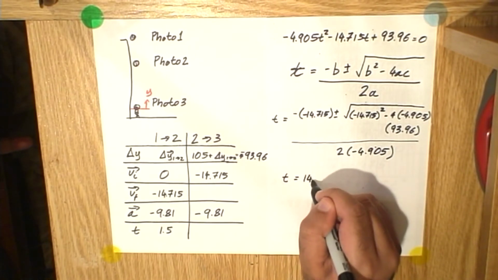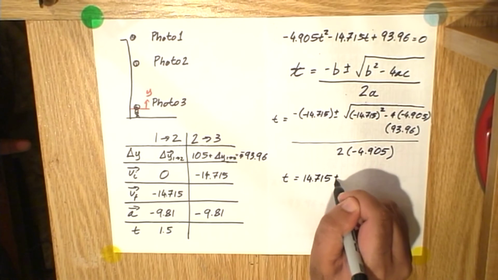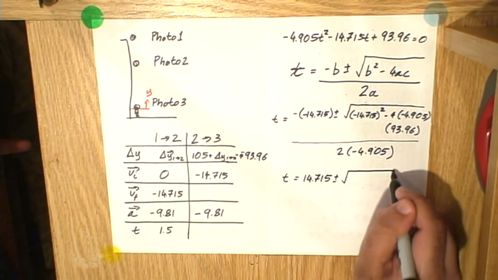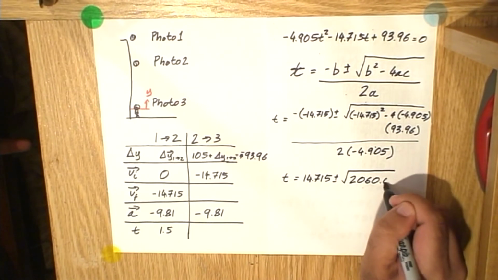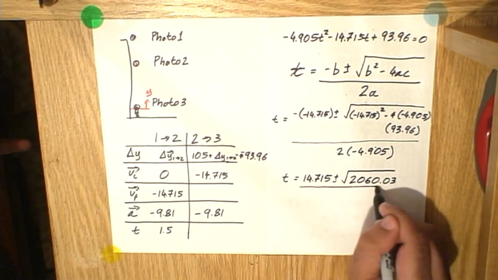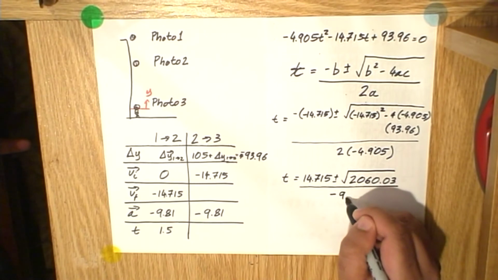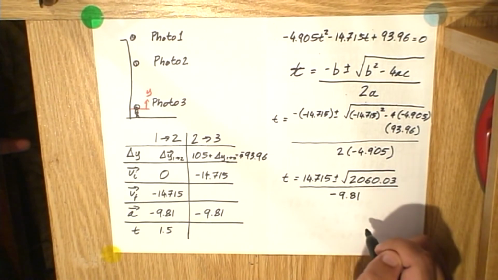So we get 14.715 plus or minus the square root of 2060.03, all divided by negative 9.81.